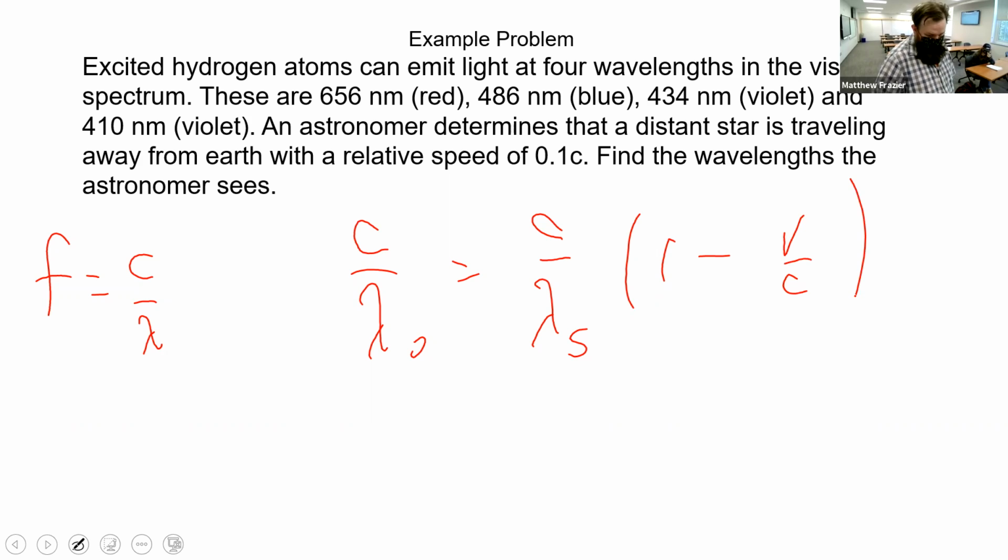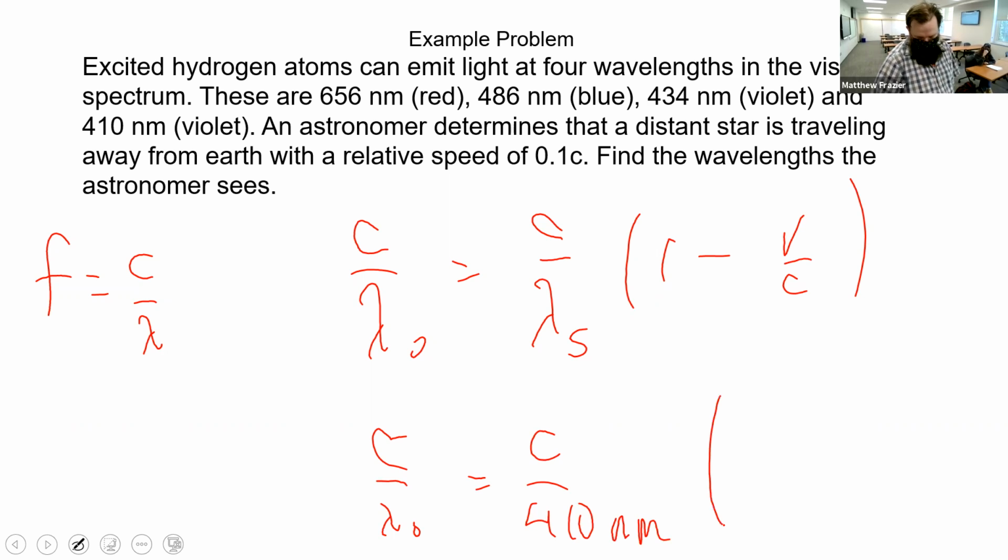And so for 410, we'll have c over lambda naught is c over 410 nanometers times, and this is the thing: when we do relativistic speeds, just do it as fractions of the speed of light.